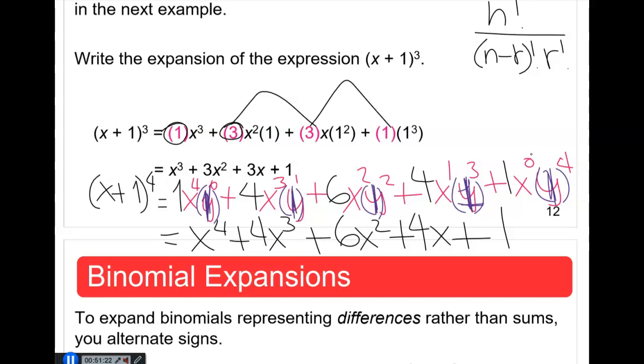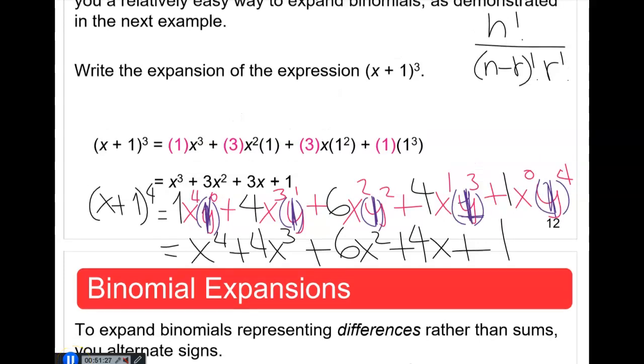So since we have this example here, let's see what would happen if that number was not a 1 and instead it was, let's say, a 2. So if we had x plus 2 to the power 4.